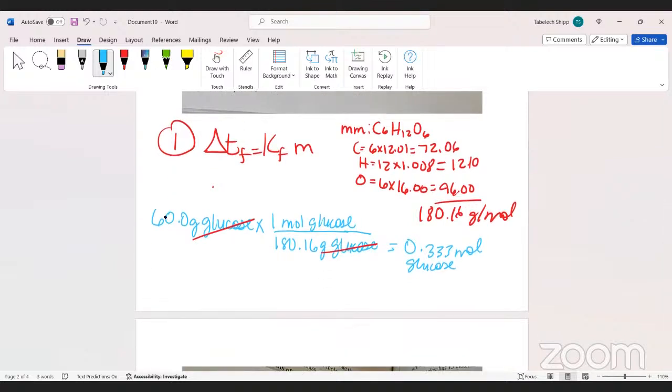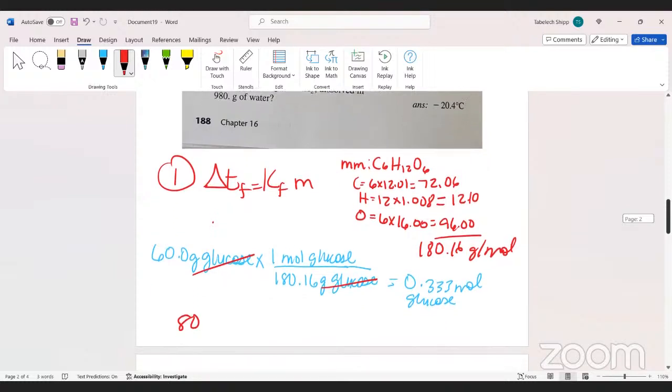So we had 80 grams of water. And let's make sure we get the correct sig figs. That was 80.0 grams of water that we need to convert to a kilogram, okay? All we're going to do is move our decimal back 3 places to the left. 1, 2, 3.